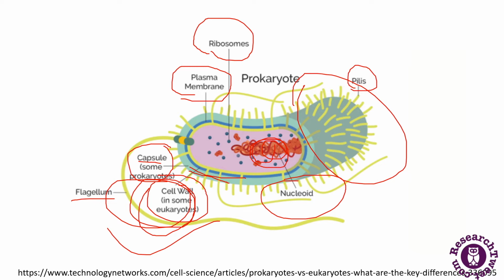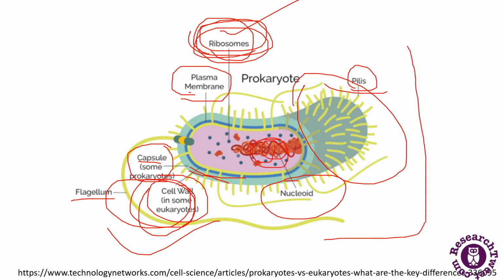This is the main function of the pili. Then ribosomes are involved in protein synthesis. Then the plasma membrane, which is also called the cell membrane. This layer surrounds the cytoplasm and regulates the entry and exit of substances in the cell. So this is the main function of the plasma membrane.